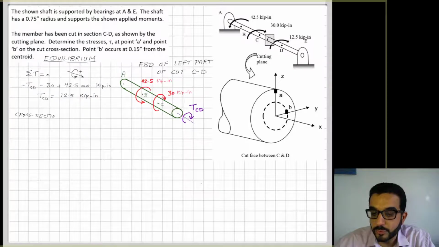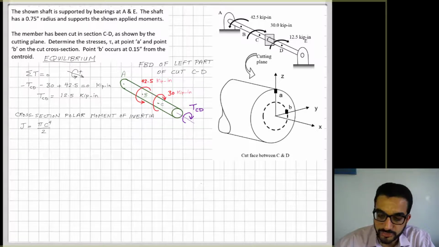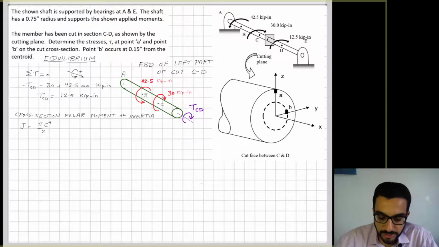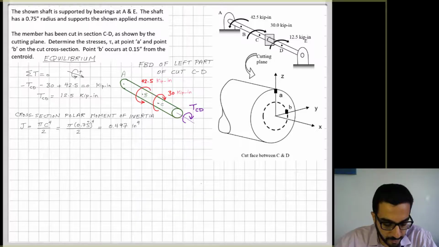Next would be considering the cross-sectional stresses, the shear stresses due to the torque, and we know from the previous section that shear stress is dependent on the polar moment of inertia. So J here we need to calculate, and just considering the radius, 0.75, the J will be 0.497 inch to the power 4.